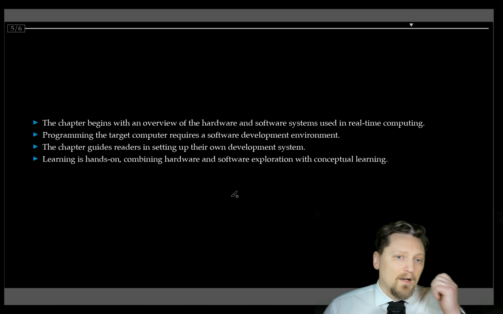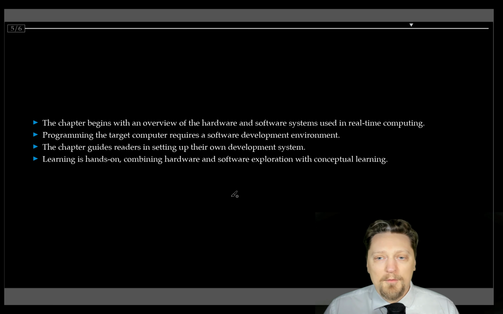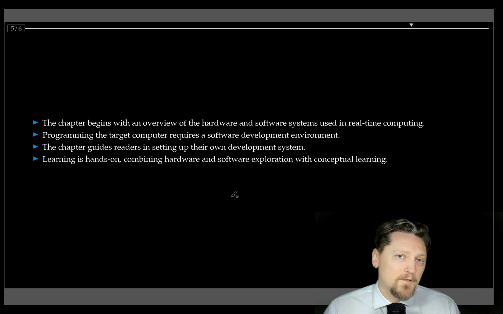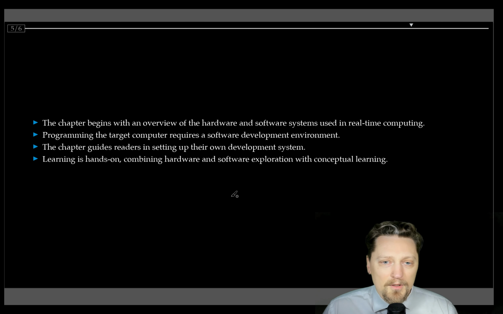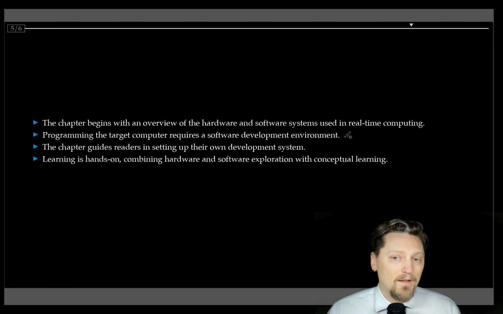The chapter begins with an overview of the hardware and software systems used in real-time computing, generally and then more specifically. Programming the target computer requires a software development environment, and we're going to go through how to set up our own development system.